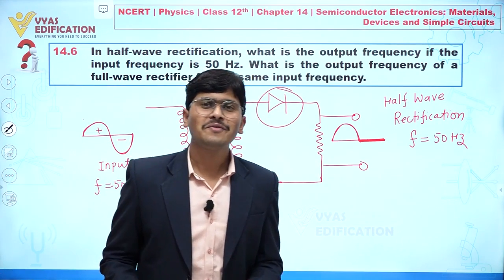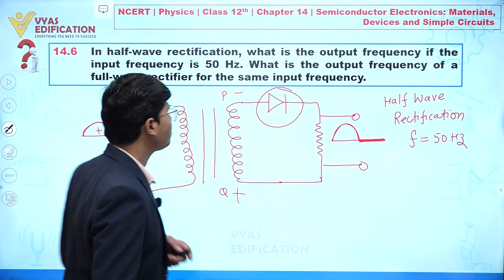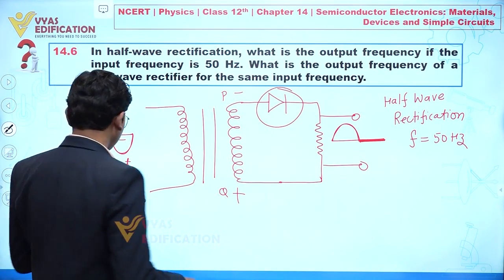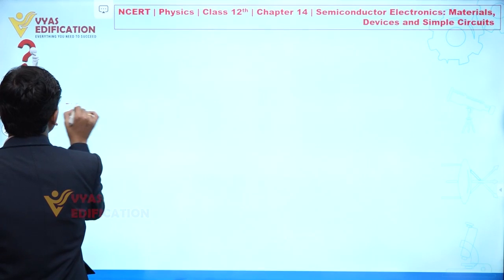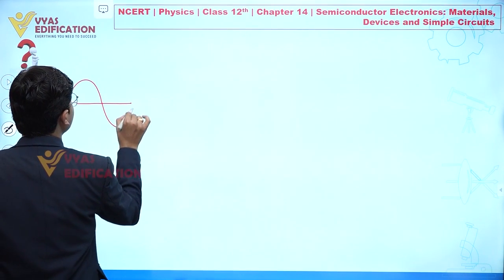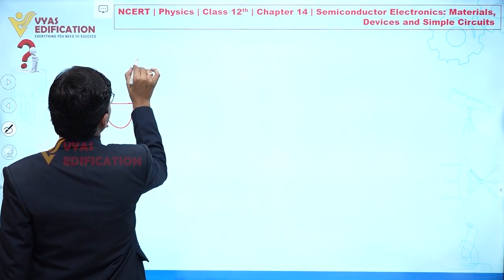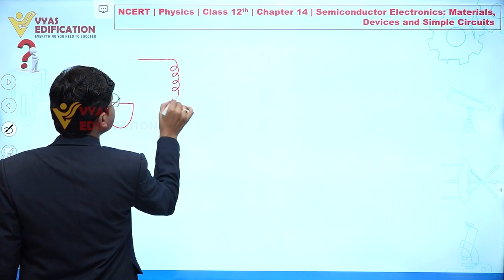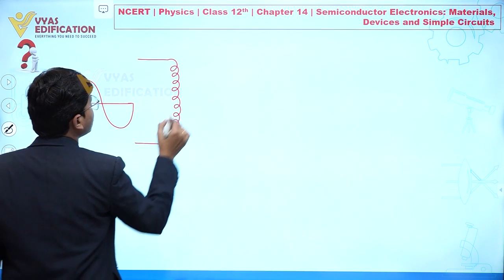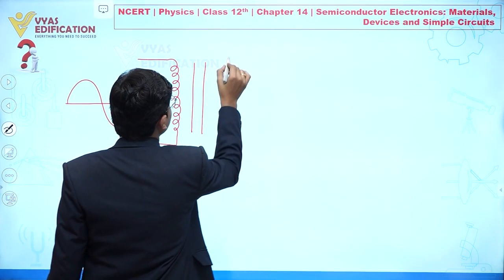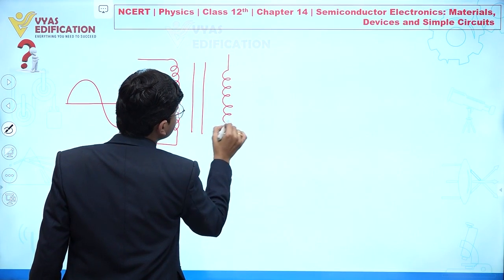Now we are going to discuss the same for the full wave rectifier. So now concentrate. Let's suppose this is the input frequency we have, and let's suppose this is a coil, and it is connected like this.